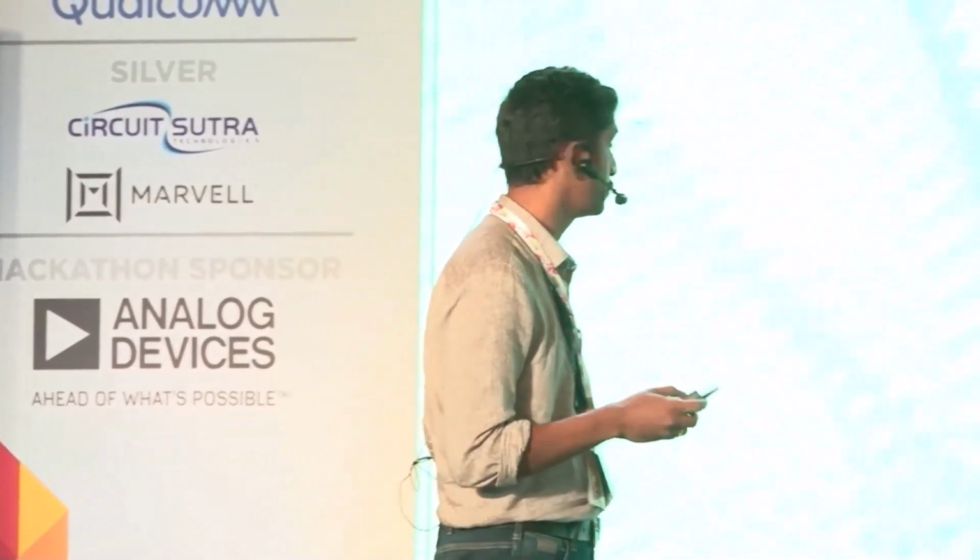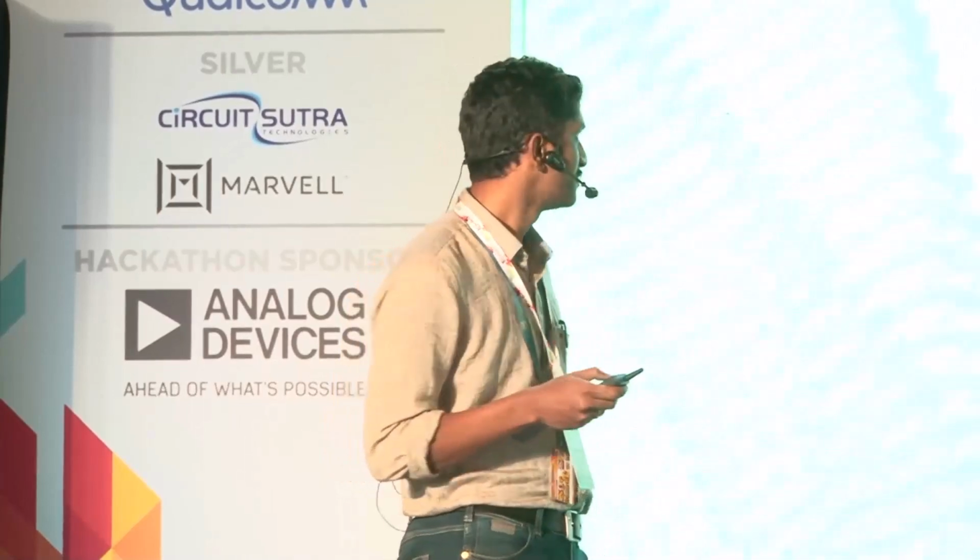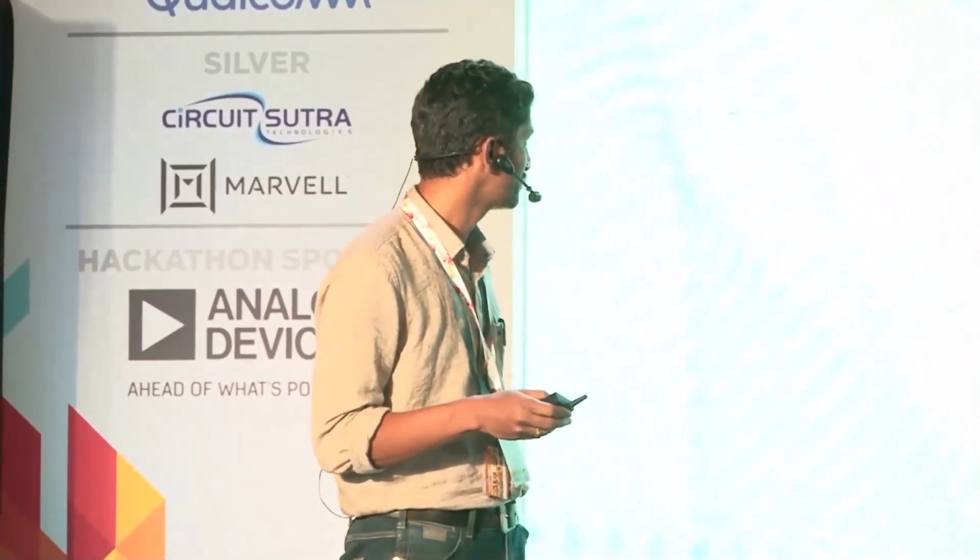Then I will cover the case studies based on our learnings. We have been initiated to formals very early, so we are still in a learning phase of formal, but I will cover through some case studies how we can make best use of these auto-formal checks. Then we'll discuss the results and the conclusion.